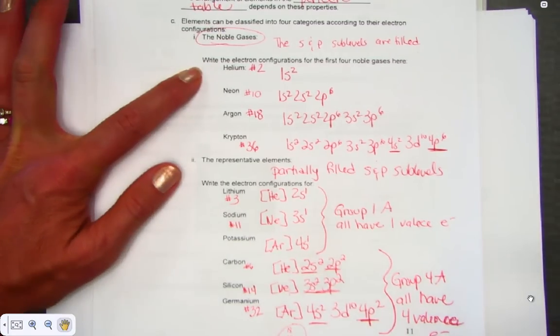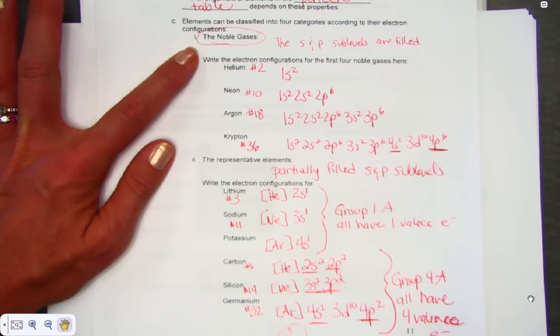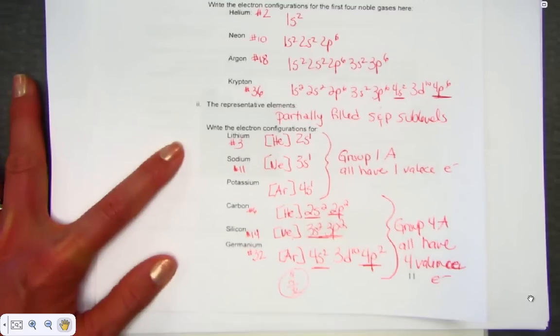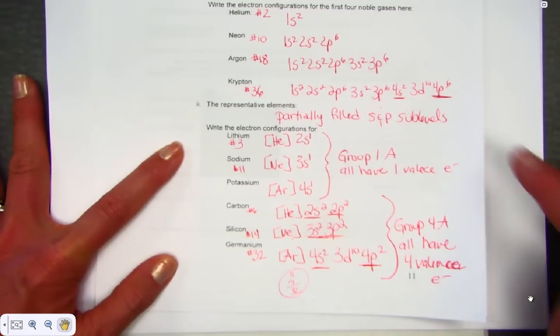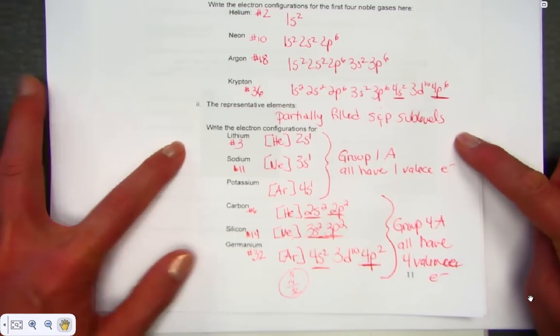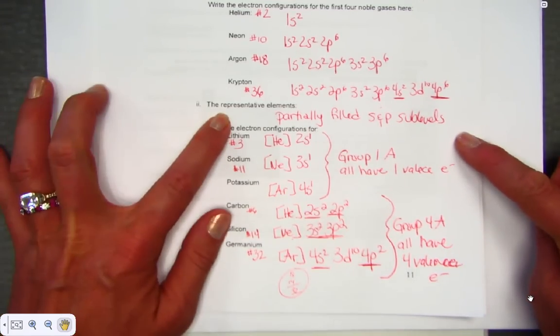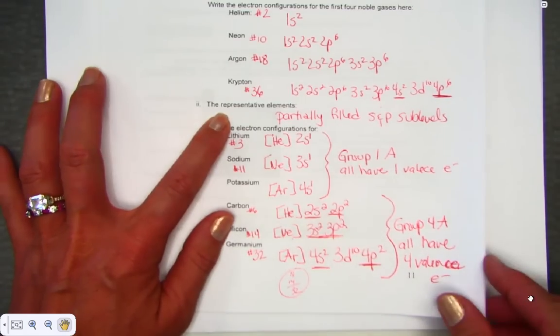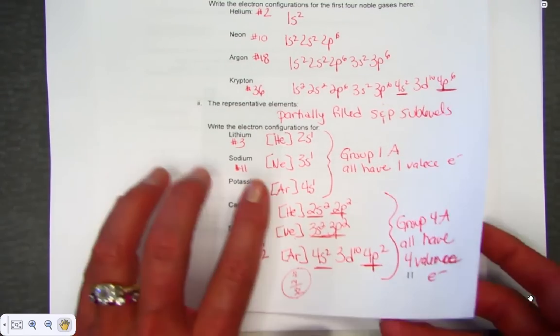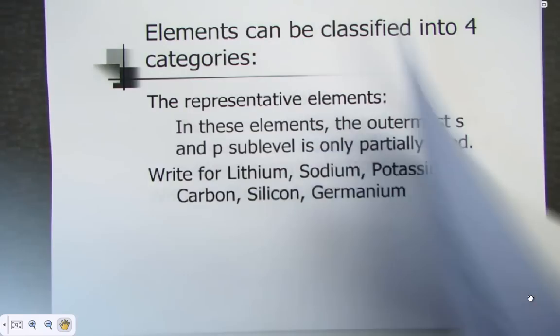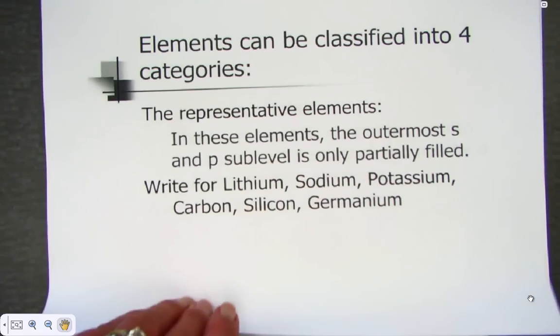One category of elements based on their arrangement of electrons are called the noble gases. A second arrangement of electrons partially fills the s and p sublevels. Those are what we called the group A elements, the representative elements. Group A's, the tall columns on our periodic table.